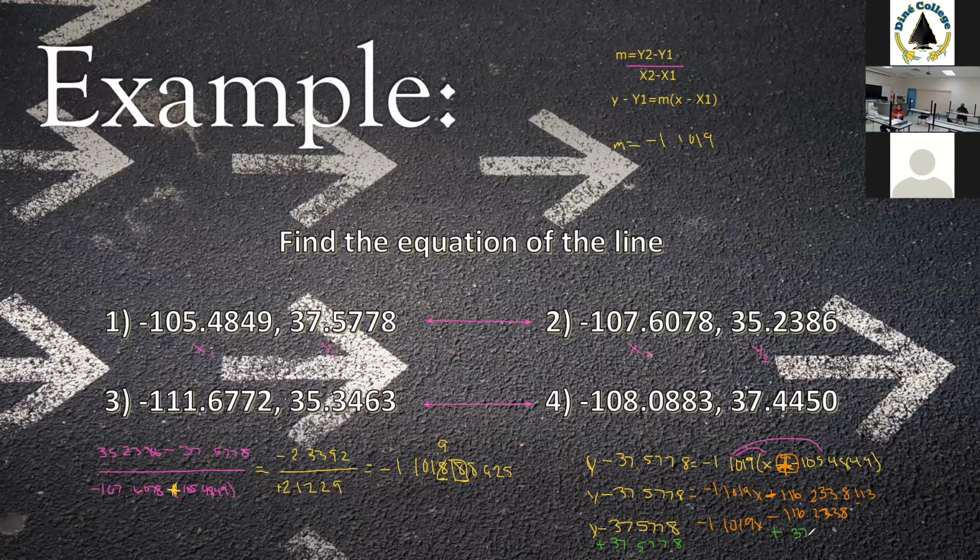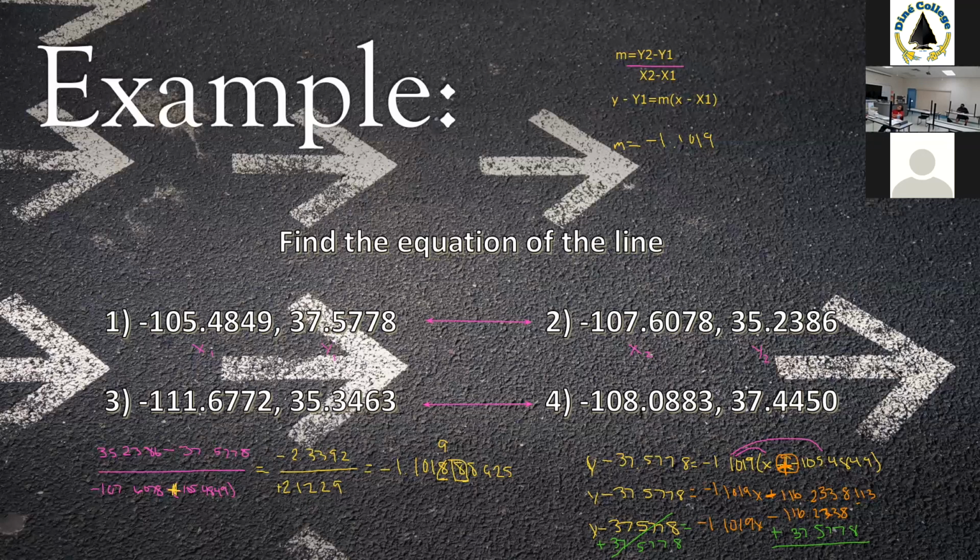Unless it had the x, then we would have put it with the first part, but it doesn't. So 5, 7, 7, 8. And then this cancels out. So we have plus 37.5775.